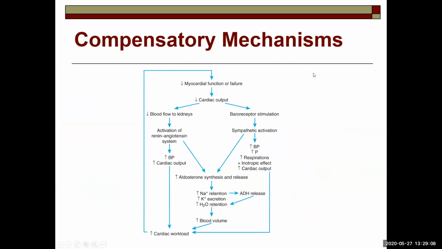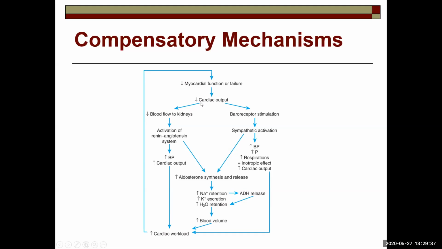So with the right side, how does your system compensate because of that? If you have a decreased myocardial function or failure, eventually decreased cardiac output, eventually decrease in the blood flow to the kidney, then you activate the RAAS system, you increase the blood pressure there, and eventually increase the cardiac workload.